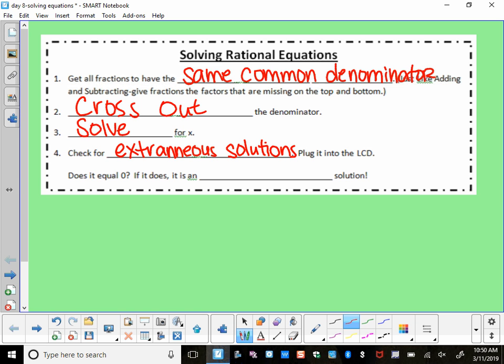The way we check for extraneous solutions is by plugging it into the LCD. When you do that, if it equals 0, then it is an extraneous solution. You can just abbreviate it as EXT. We would do that for every single problem.